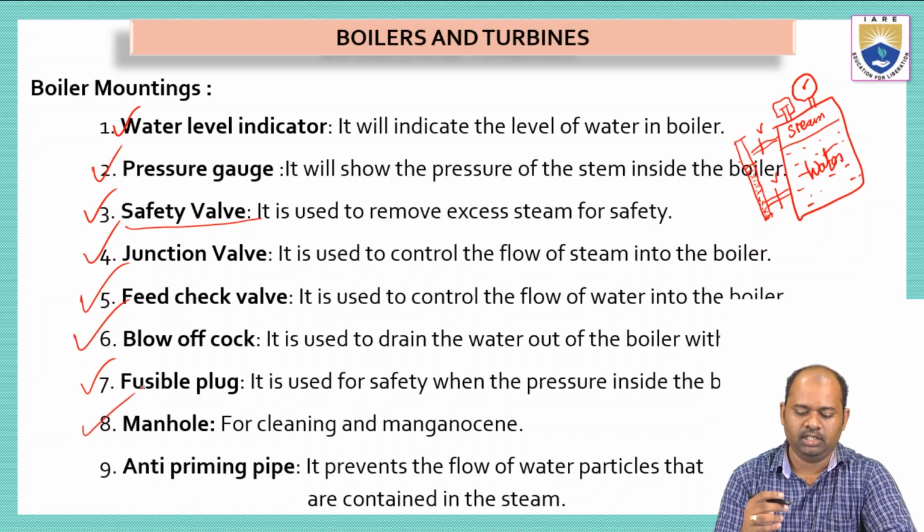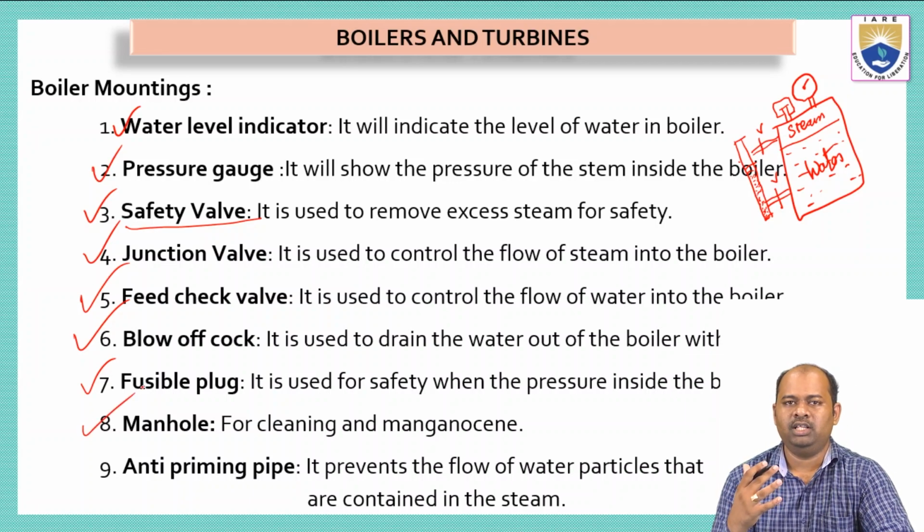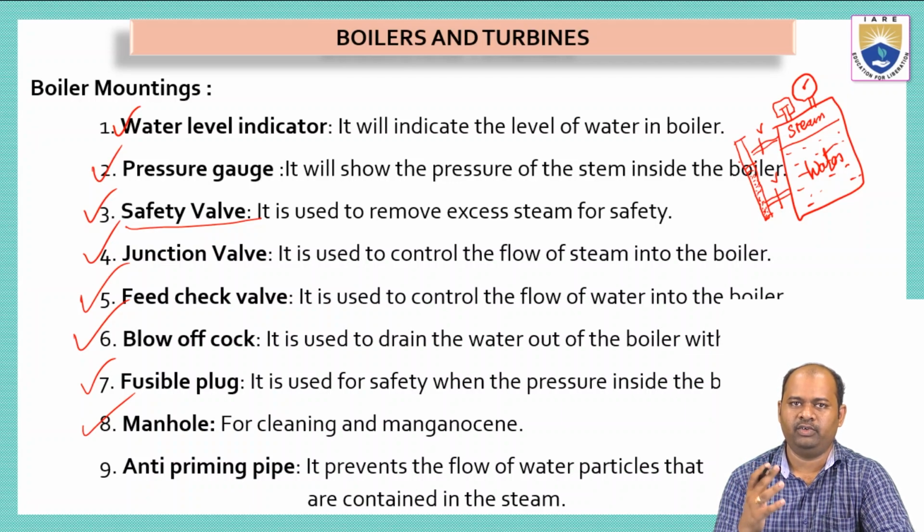And then the eighth device is the manhole. We know the boilers are very large devices. They are 100 to 200 meters high, and they should have a diameter of around 5 to 10 meters. So boilers are very huge. So they need cleaning.